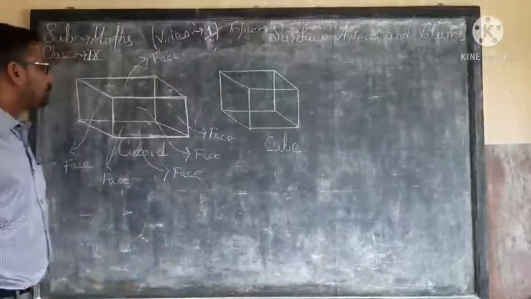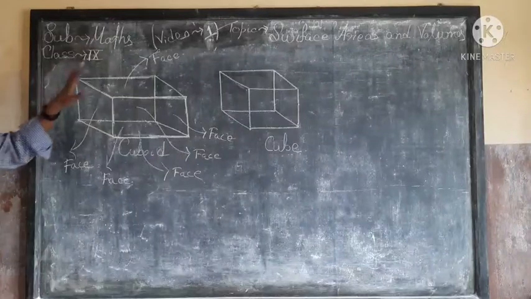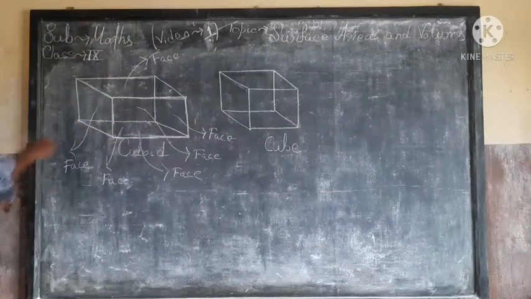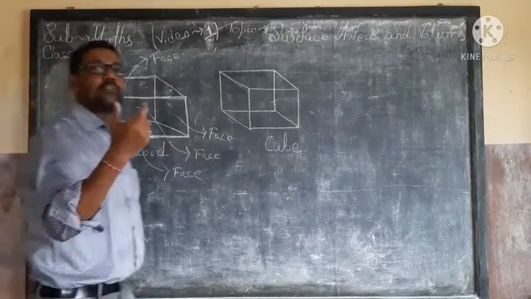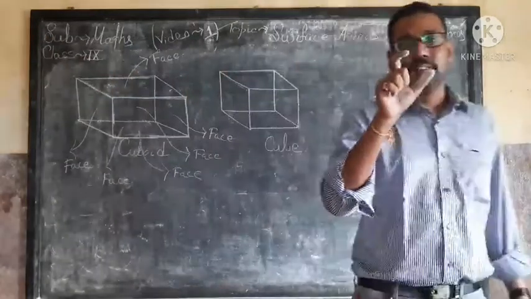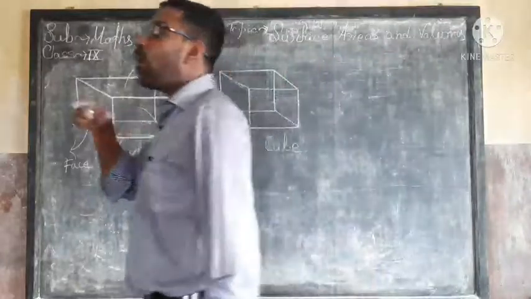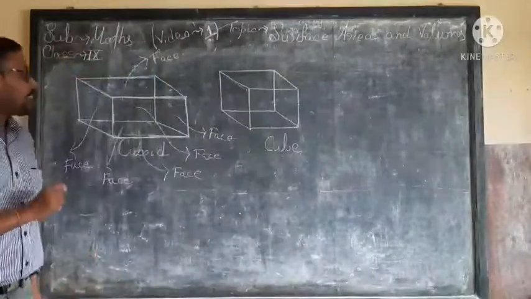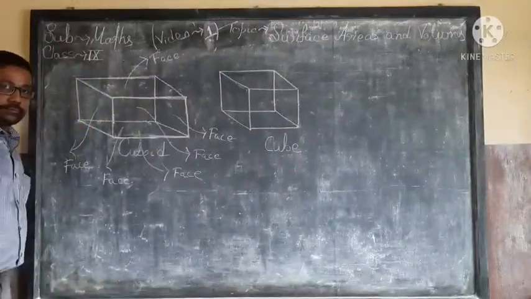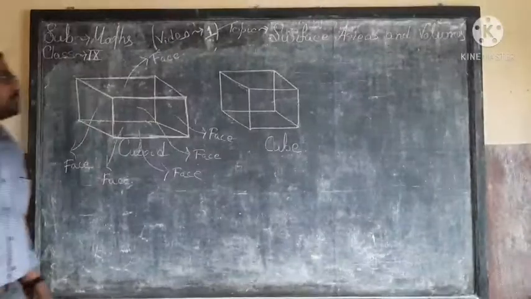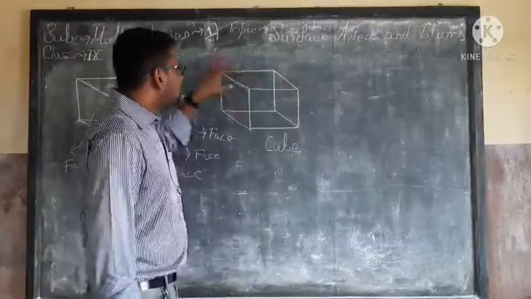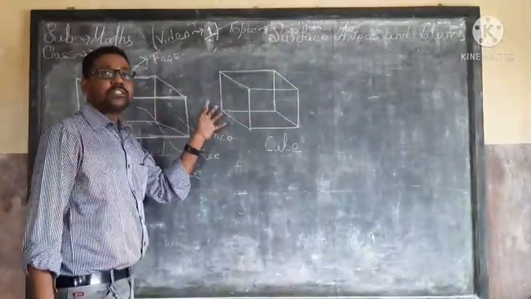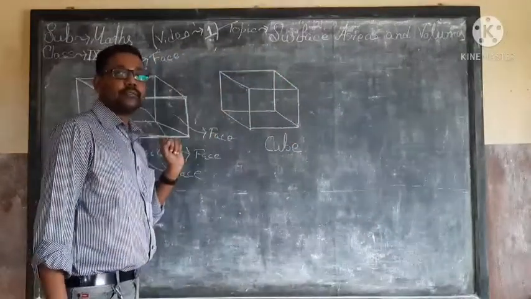If you look at the picture very closely, each and every face of the cuboid forms a rectangle. And if you consider the cube, each and every face is a square.